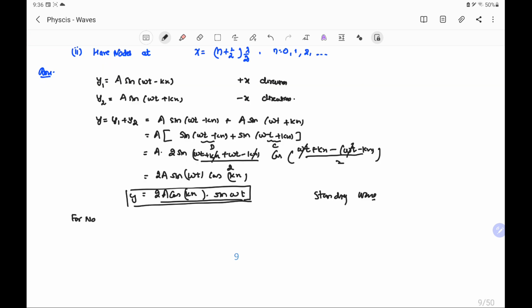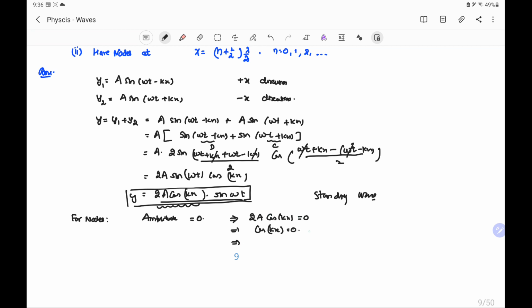For nodes, the amplitude of the wave will be 0. This implies that the amplitude of the standing wave, which is 2a cos kx, should be 0. This implies that cos kx will be 0.